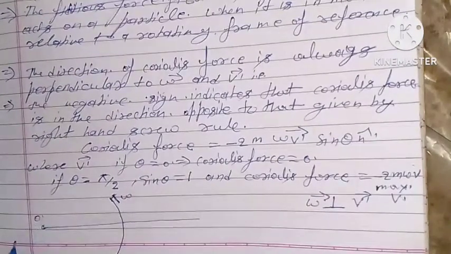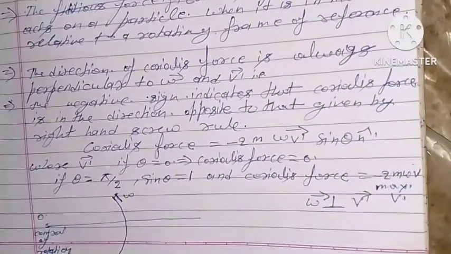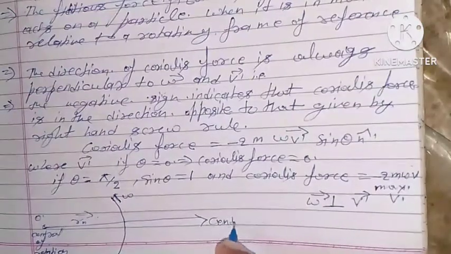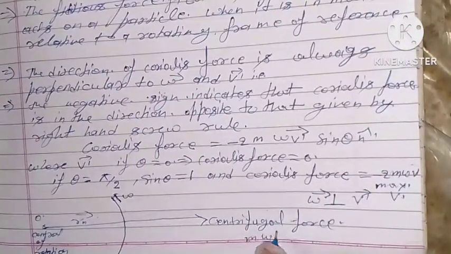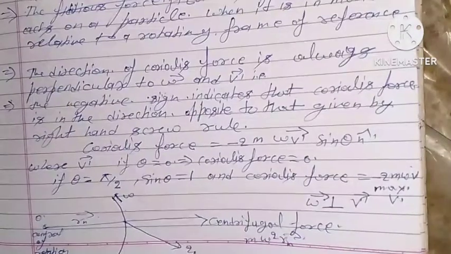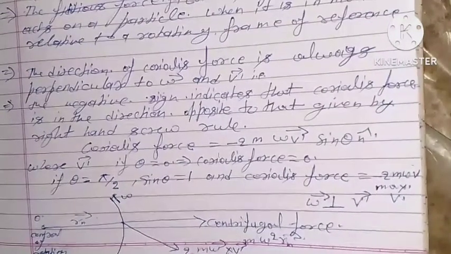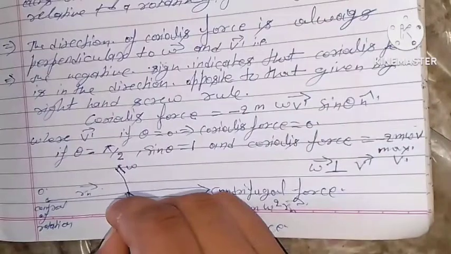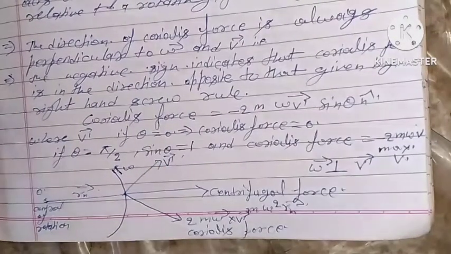This is the origin point O, the center of rotation, and this is the centrifugal force m omega square rn vector, and this is the 2m omega cross vector v dash Coriolis force, and this is the linear velocity vector v dash.